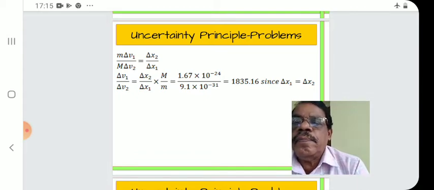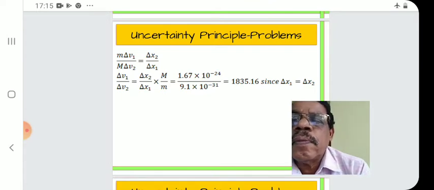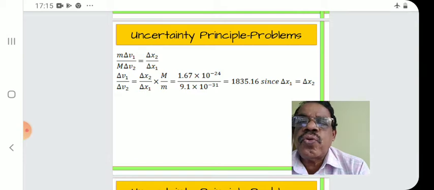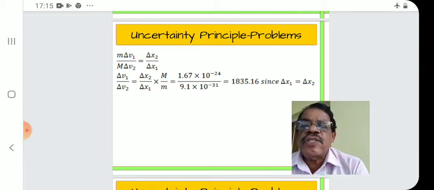Capital M is 1.67 into 10 raised to minus 27 kilogram; you correct it as 27.